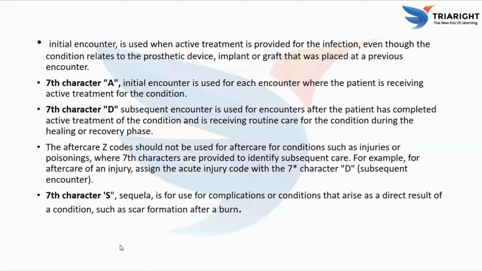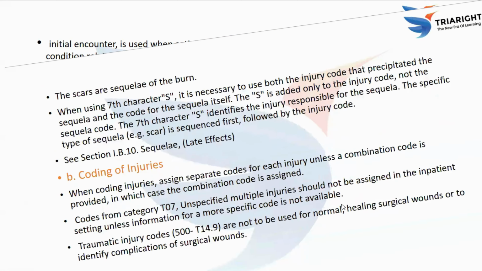You have to code the current residual condition first, then code the original injury with the seventh character S. For example, the patient has a burn scar causing restricted movement. First you assign the scar code, and then the burn code with S. So this is how you code the seventh characters A, D and S.